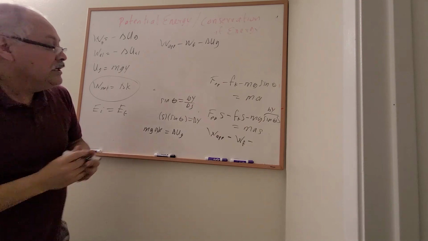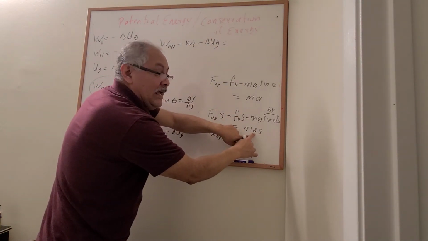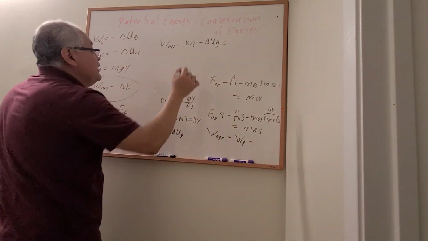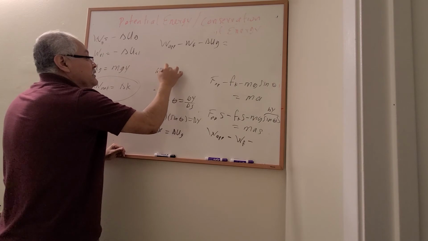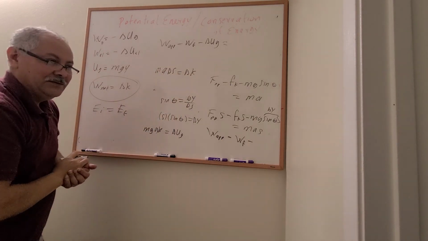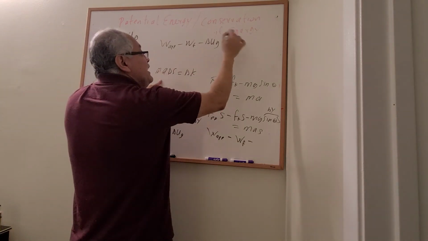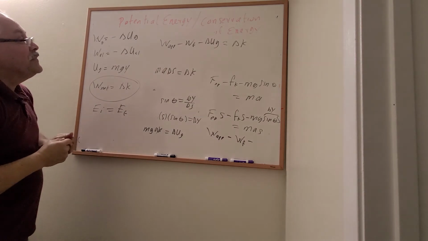So far so good. It equals what? It equals mass times acceleration times the displacement. But remember, before we found that mass times acceleration times the displacement is equal to the change in the kinetic energy. So that means this is equal to the change in the kinetic energy. Correct?